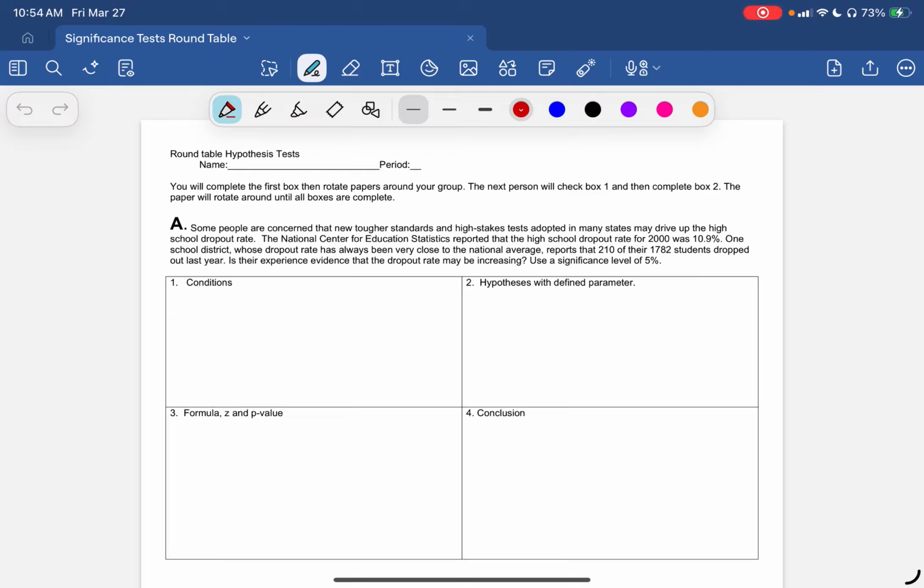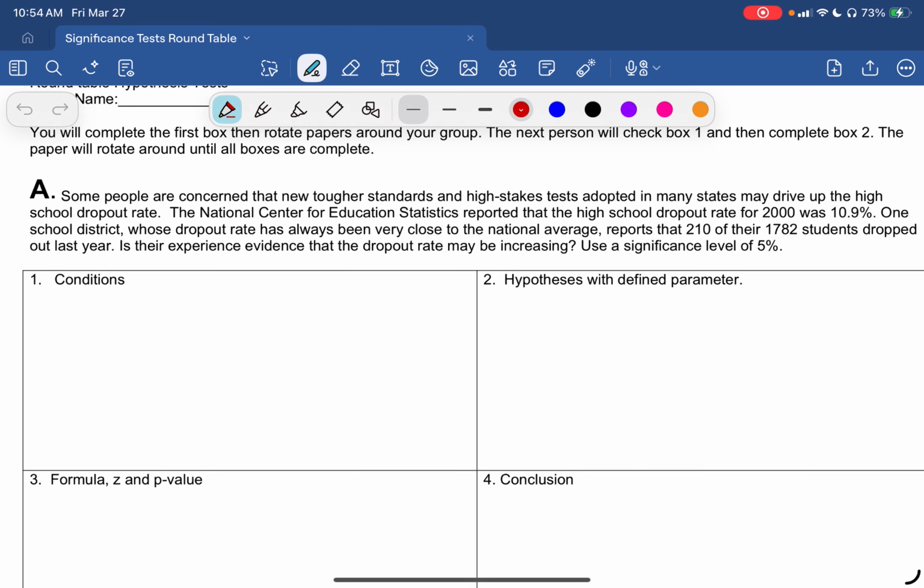I'm going to go in backwards order because we should be starting with our hypotheses and defining our parameter. So what we have here is: people are concerned that new tougher standards and high stakes tests adopted in many states may drive up the high school dropout rate. The National Center for Education Statistics reports that the high school dropout rate was 10.9%.